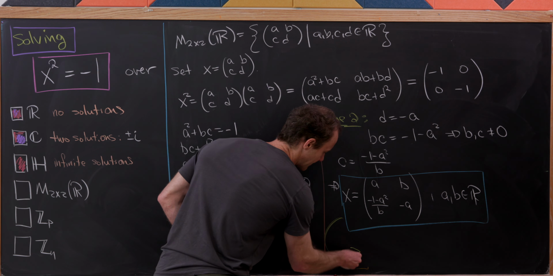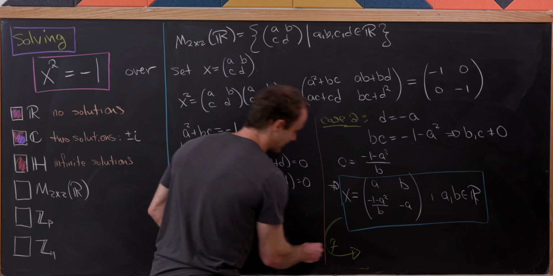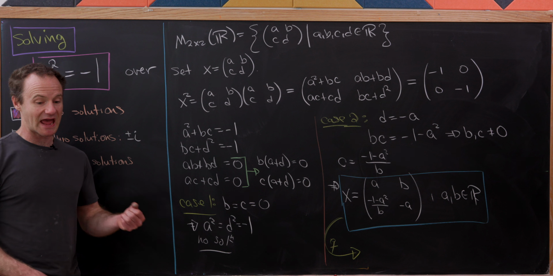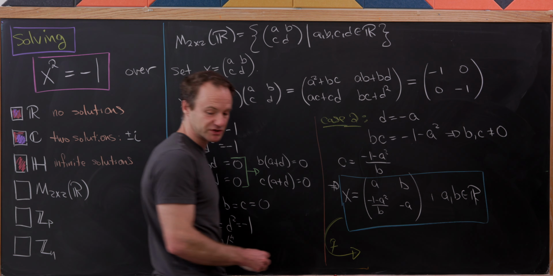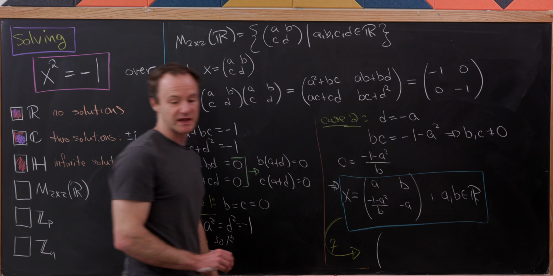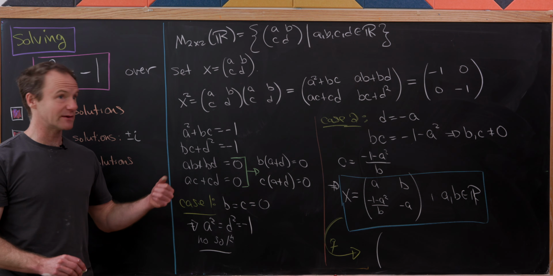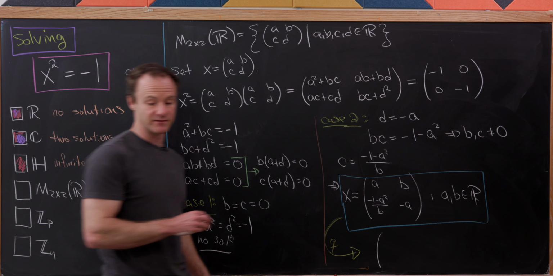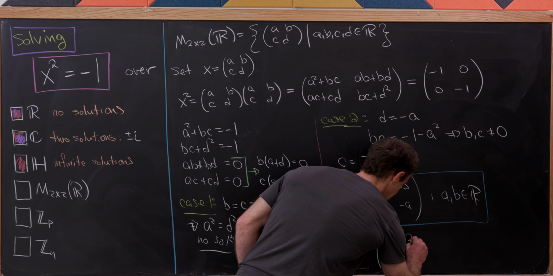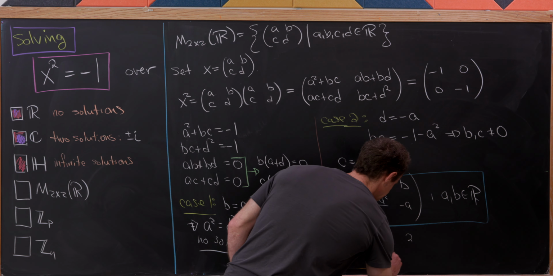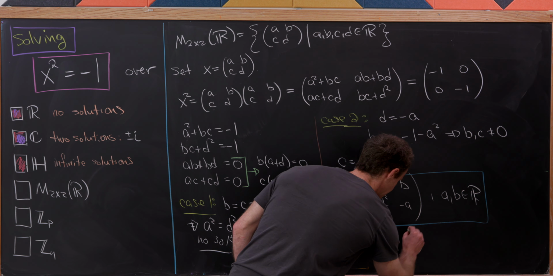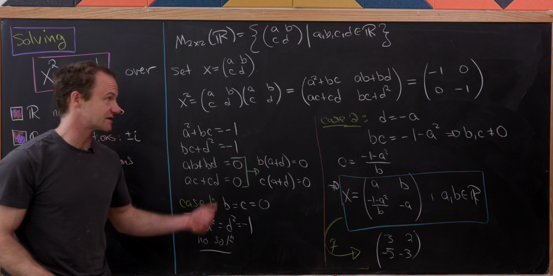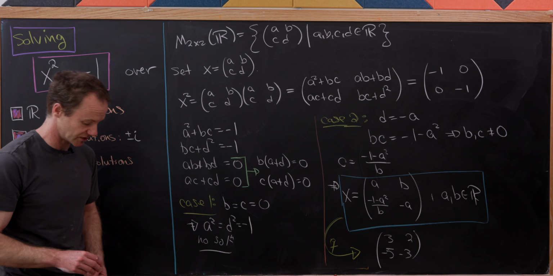Okay, so anyway, let's look at a special example of this where we set A equal to 3 and B equal to 2, and we can get a nice example of this with integer entries even. So we have 3, 2, and then -5, -3. So there's an example of a matrix that satisfies this equation with integer entries.